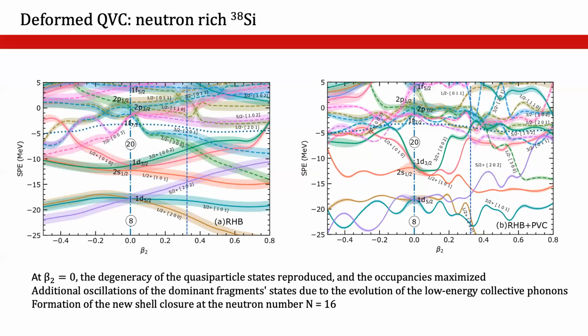And the next thing we observed is the additional oscillations. These additional oscillations I will explain in detail in the next slides. This is because of the evolution of the phonon vibrations at different deformations.